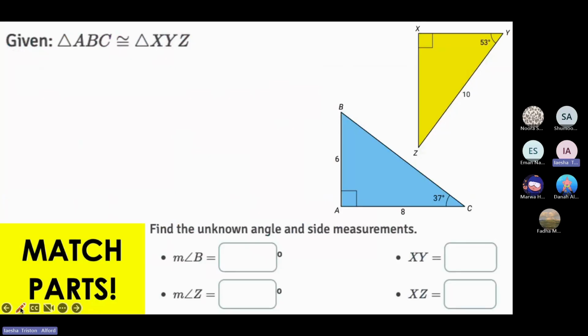How do we know what's matching? How do we know how to match the parts?